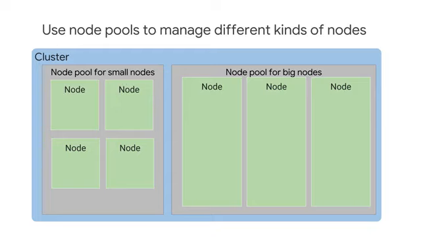You just label them with the desired node pool. By the way, node pools are a GKE feature rather than a Kubernetes feature. You can build an analogous mechanism within open source Kubernetes, but you would have to maintain it yourself. You can enable automatic node upgrades, automatic node repairs, and cluster autoscaling at this node pool level.